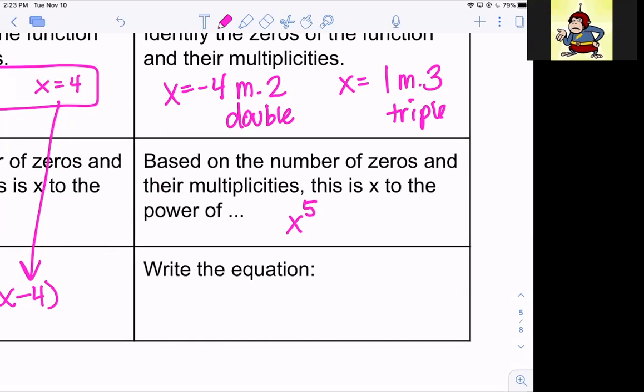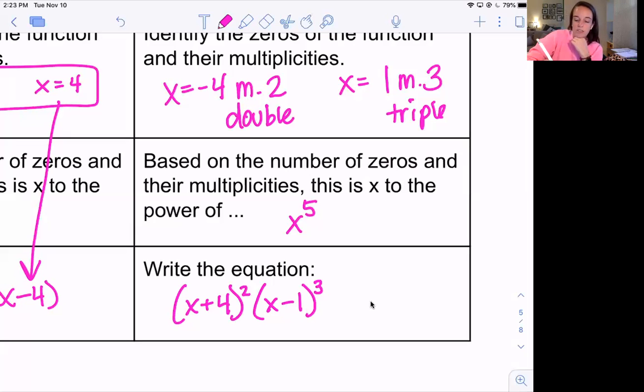Yeah, I got x plus 4 root 2 and x minus 1 root 3. I got x plus 4 root 2 because the root with -4 is a double, so that's the squared, and the root with 1 was a triple, so you add a 3. Yeah, absolutely. Thanks, Axel. Killed it.